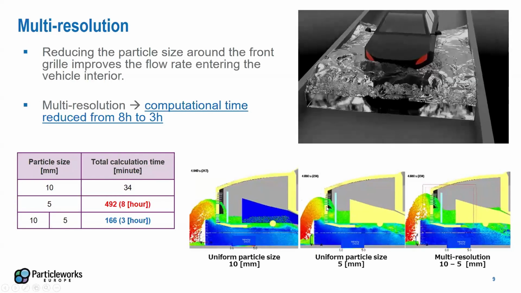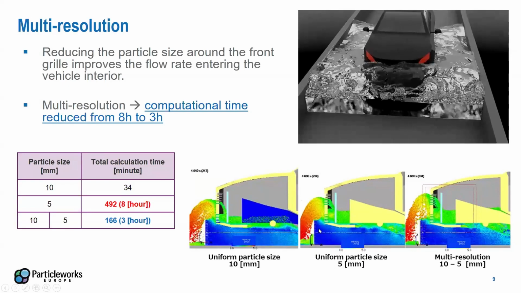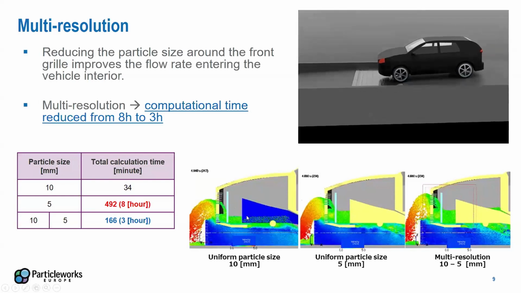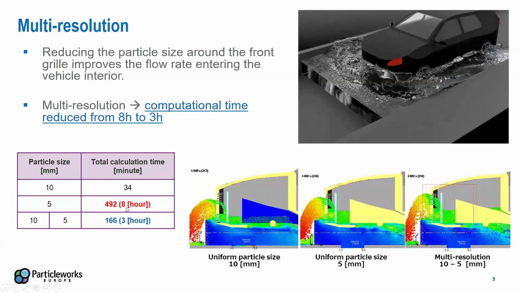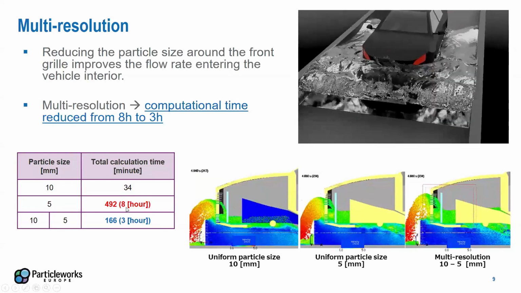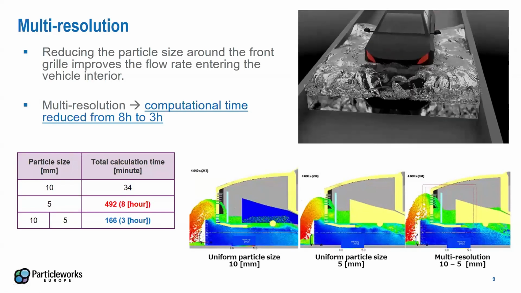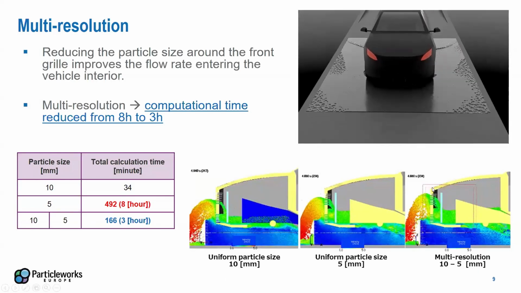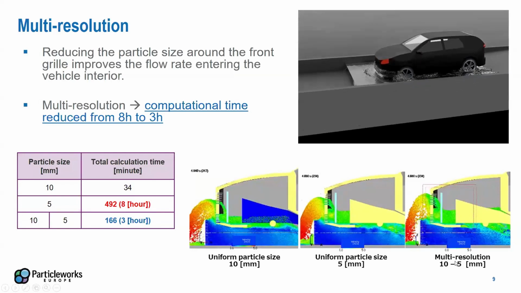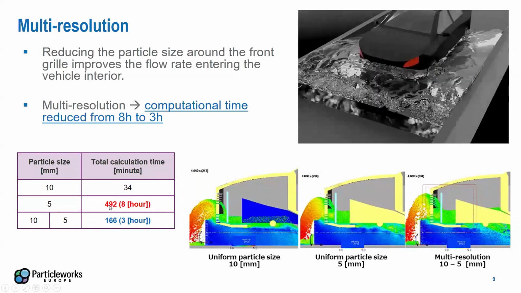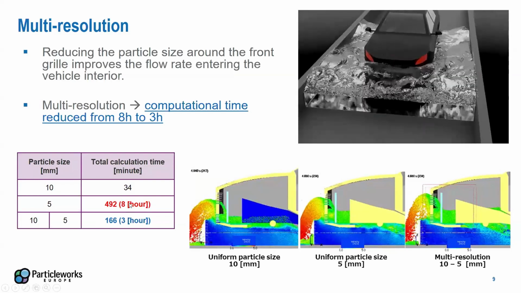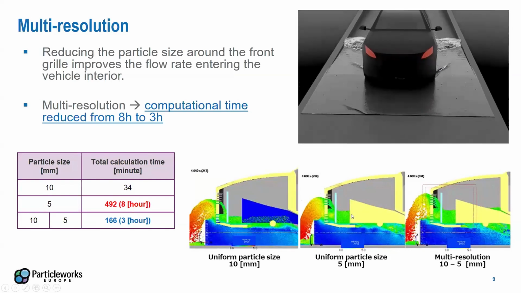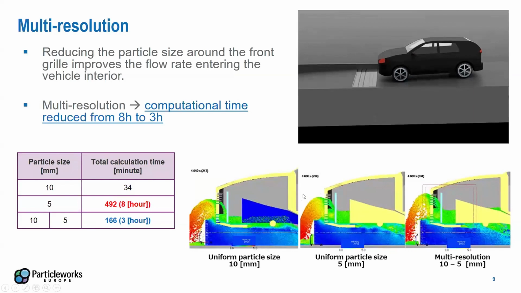Of course, one strategy could be to use a uniform 5 mm particle size everywhere in the domain, but this is not ideal because, again, we are looking at significantly longer simulation times. One strategy could then be to apply a multi-resolution region close to the entrance there, and as you can see, we have a combination of the two particle sizes with a reduction of the computational time from 8 hours to 3 hours, just by using this kind of strategy.